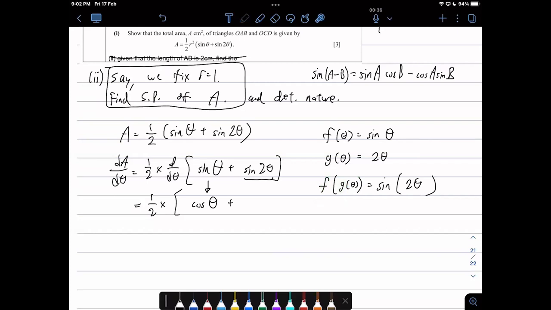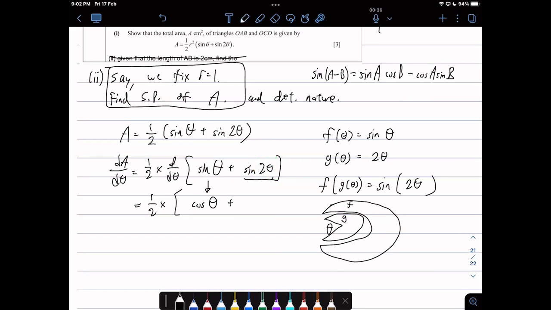Right here is theta, a chicken egg, and a Pac-Man is eating it. This Pac-Man's name is G, and there's a bigger Pac-Man that eats it. This Pac-Man's name is F. If sine 2 theta was just sine theta, you wouldn't care. It would just be cosine theta plus cosine theta. But since sine theta has 2, you need to use chain rule.